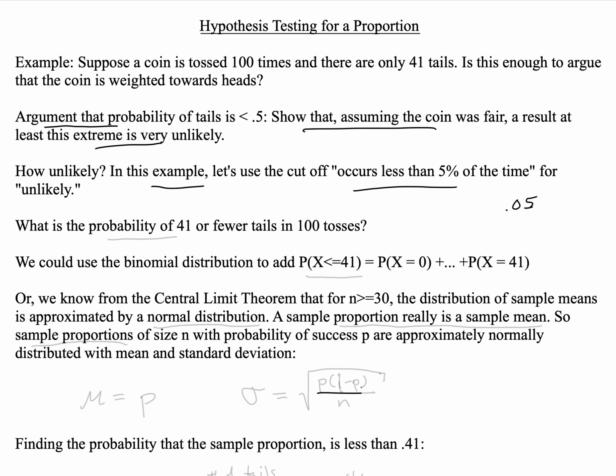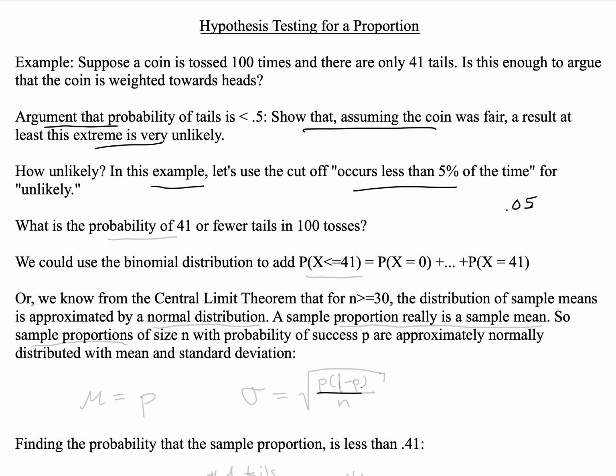We can then use the standard normal table to find the probability that z is less than negative 1.8. So the probability that the sample proportion is less than or equal to 0.41 is equal to the probability that z is less than or equal to negative 1.8.